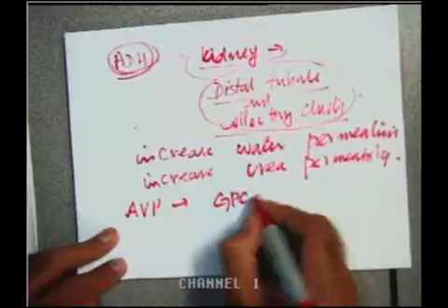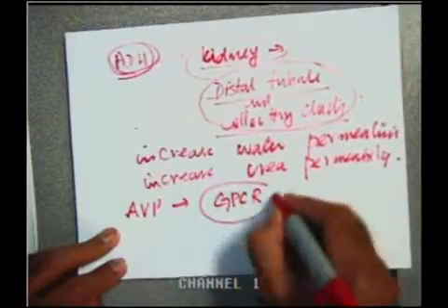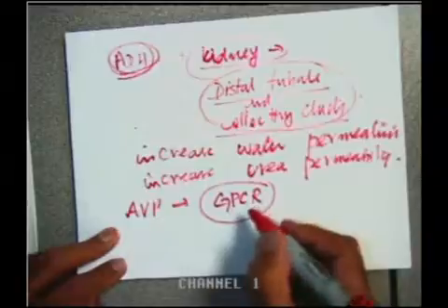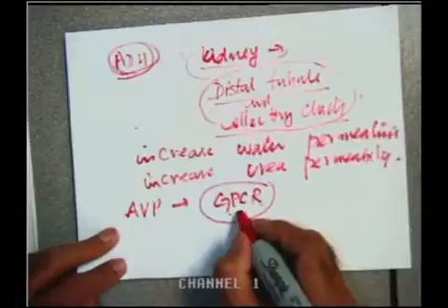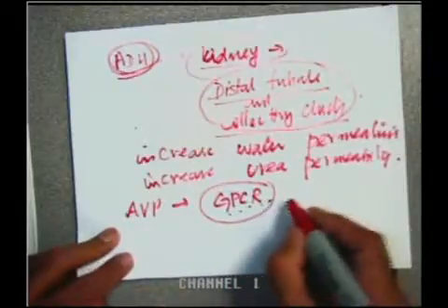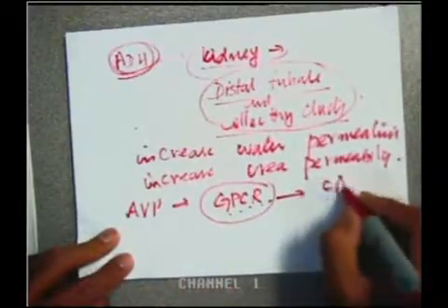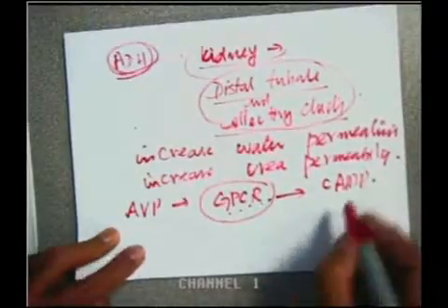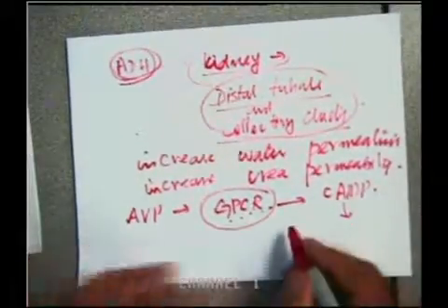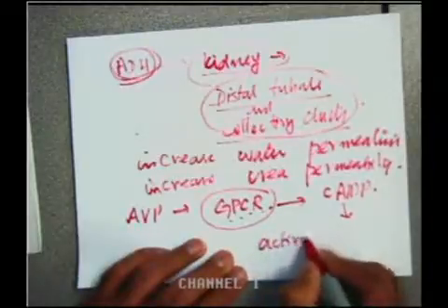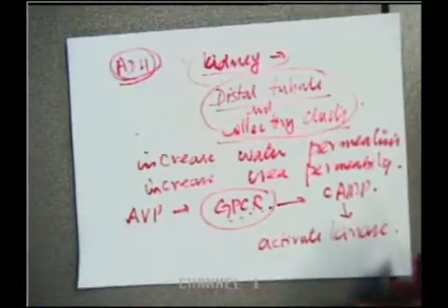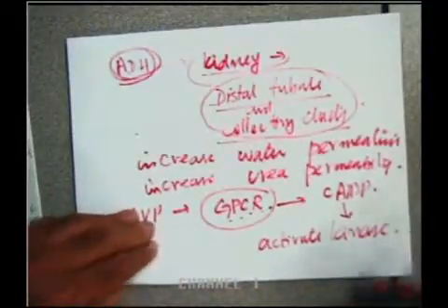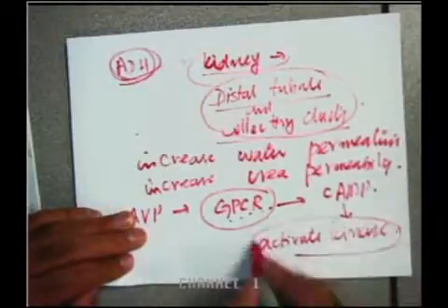If you remember in your hormone lecture, we studied the G-protein coupled receptors, GPCR, which activate the cyclic AMP pathway, and this cyclic AMP now activates a kinase enzyme. Kinase will again phosphorylate, right? And these kinases, I'll write on the next page.